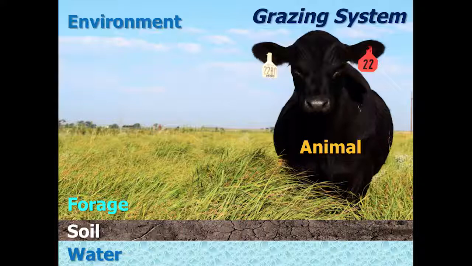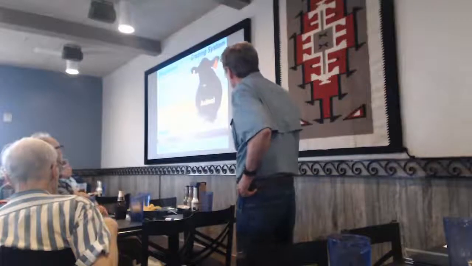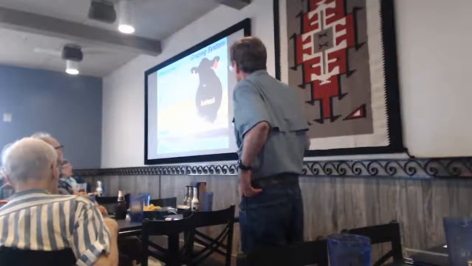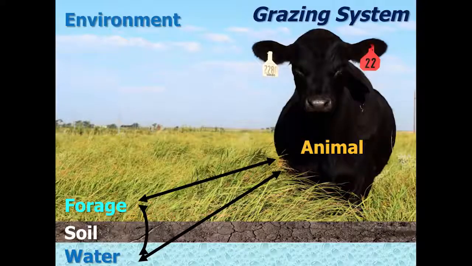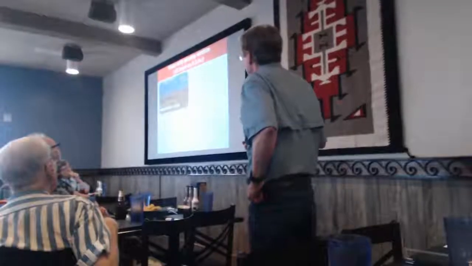And our nice animal here is full of water. Water flows up to the forage through the roots. And we have forage being consumed by the animal. Forage being consumed by the animal represents water flow as well. And then, of course, there's water back and forth between the animal and soil.